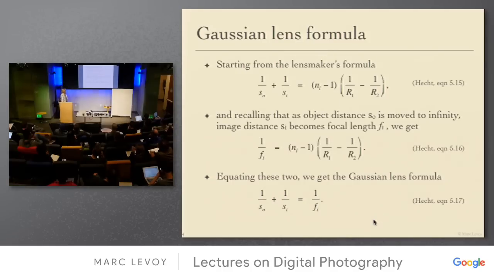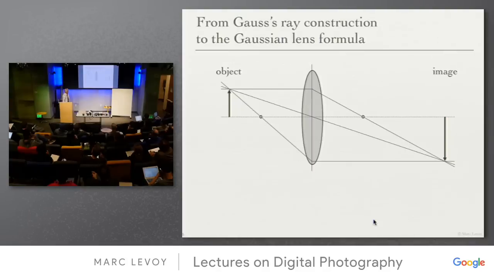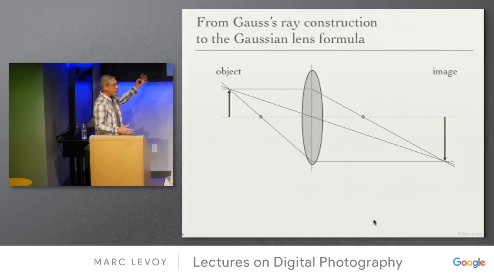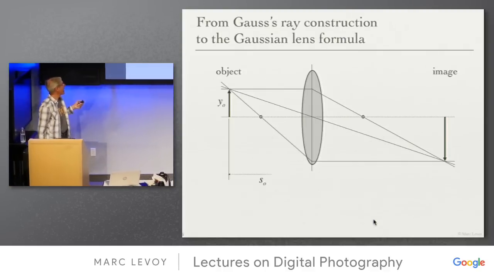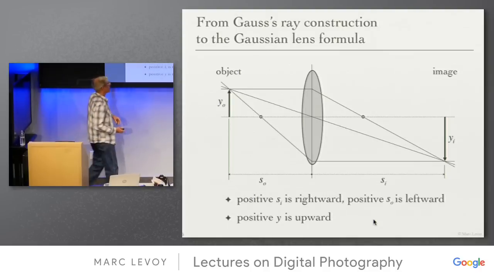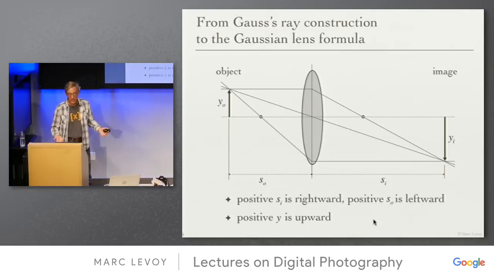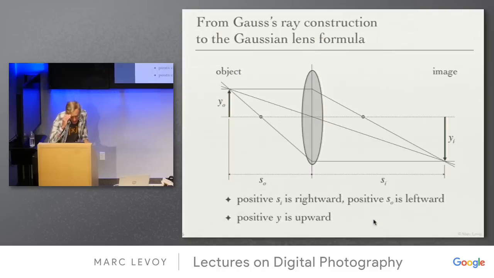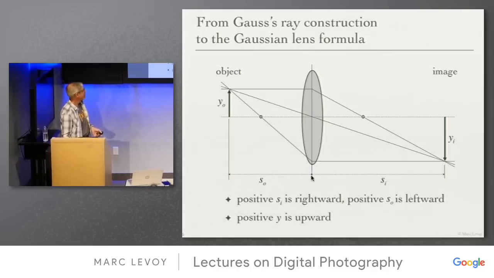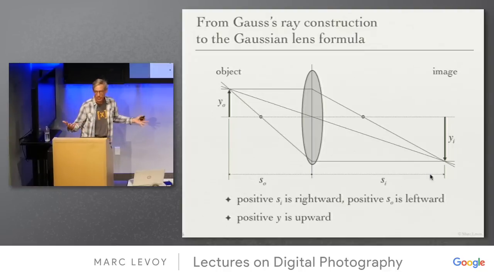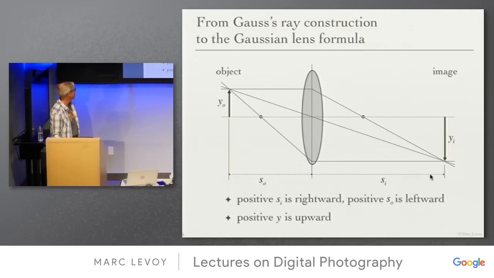Okay, so let's do the same thing now geometrically. So here's the Gauss's ray construction that I showed you before. And let's label a few things. On the left is the object distance, on the right is the image distance. Positive SO goes to the left, positive SI goes to the right by convention in diagrams like this.